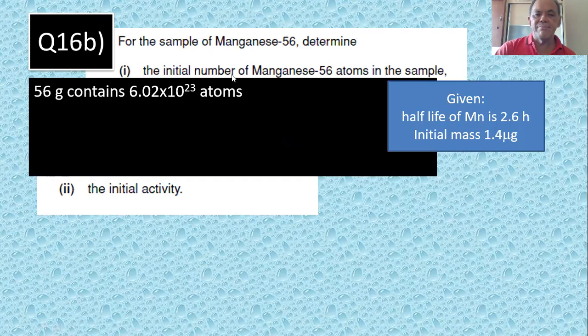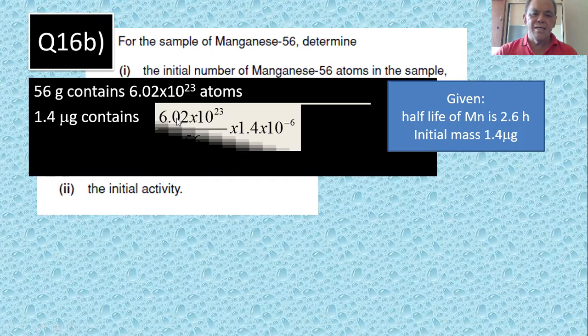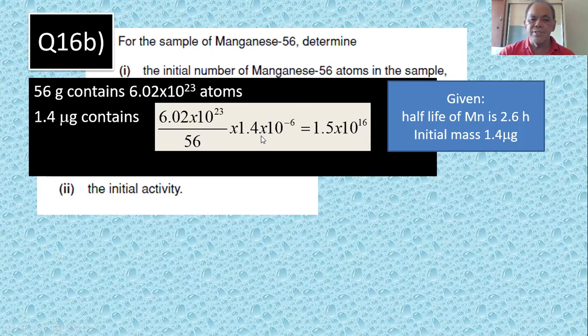Avogadro's number, right, from here, 56 gram contains 6.02 times 10 to the power 23 atoms. So if it's 1 gram, then you divide this one by 56. Then for 1.4 microgram, you times 1.4. Remember, this is micro, so times 10 to the power minus 6, change it to SI unit, gram, because this one is in gram.